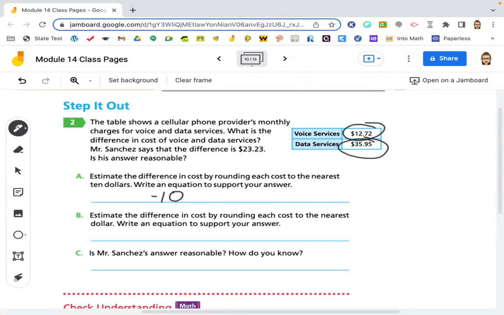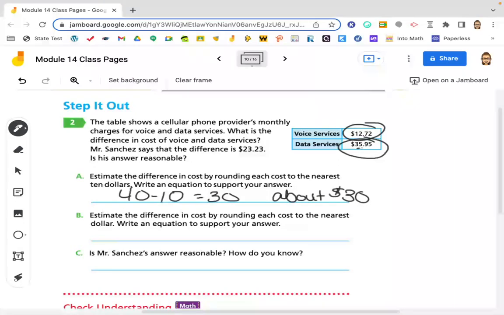This we have between 30 and 40, and so it's going to be closer to $40 because the 5 tells us to bump up that tens place, so we're going to have 40. So 40 minus 10 equals 30. So it's going to be about $30.